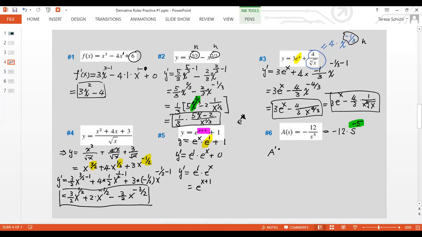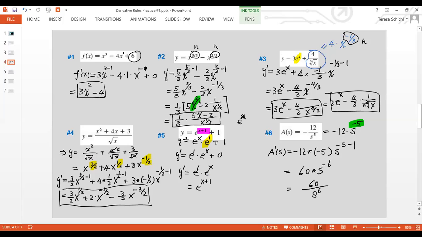I will have s prime equal to negative 12 times negative 5, then s to the negative 5 minus 1. Negative times negative will give you 60, times s to the negative 6, right? So now I can write it as 60 over s to the 6. That will be the derivative.